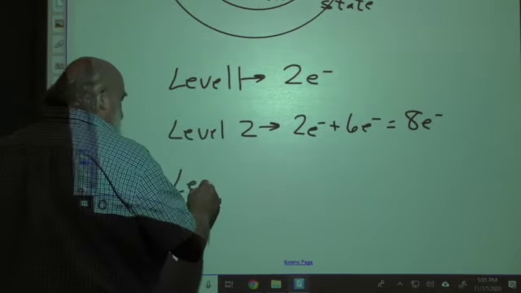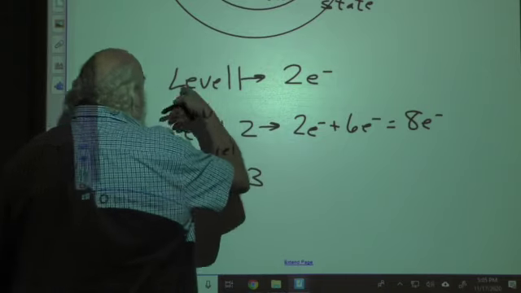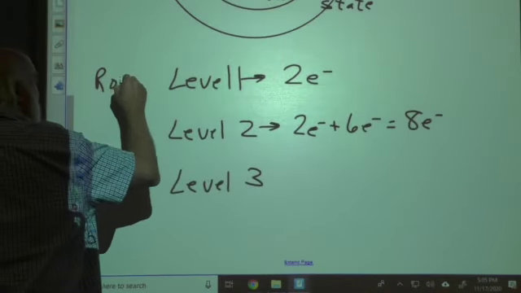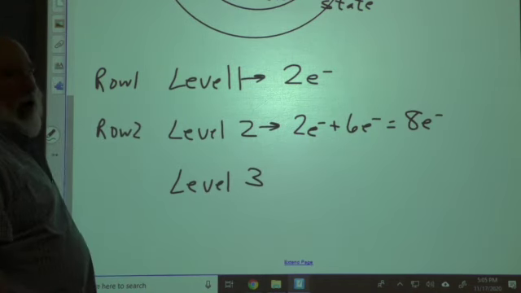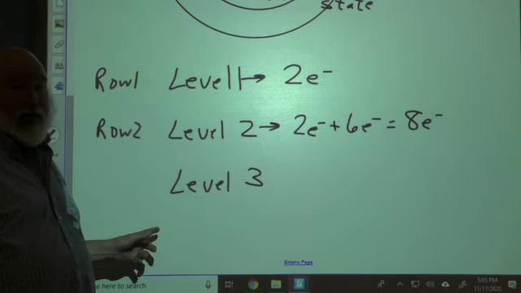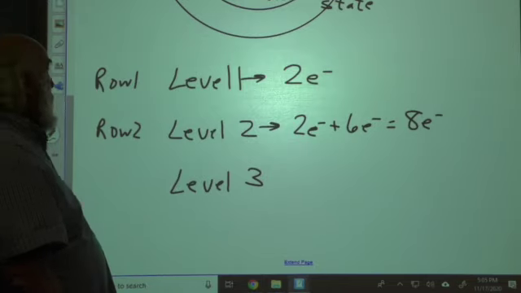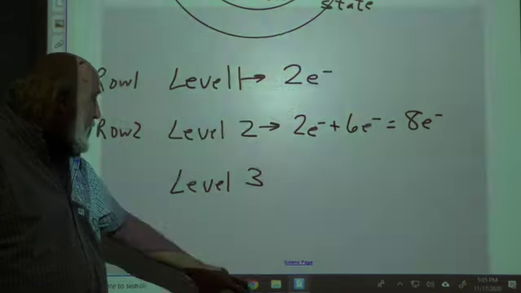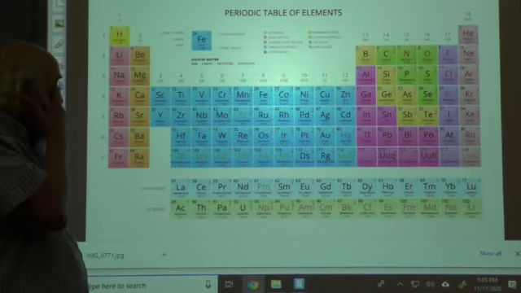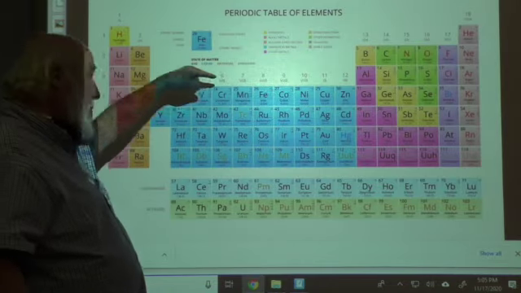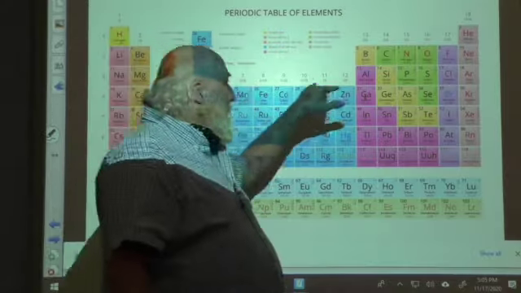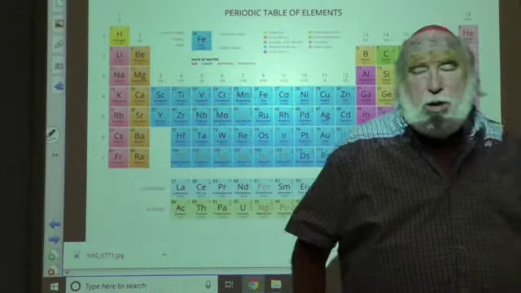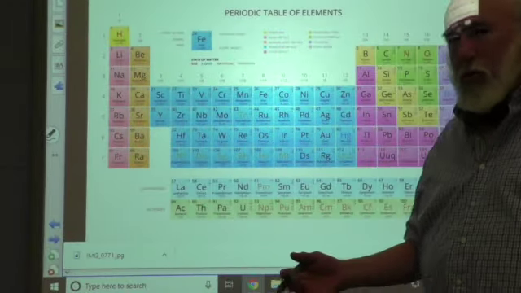So level 3. Now so far, level 1 is found in row 1. Level 2 is found in row 2. Now why am I putting up the obvious? Because it's not so obvious for level 3. Here's what happens here. Now, here's row 3. Row 3 has 2 electrons over here and 6 electrons over here. Well, that's the same number as level 2.